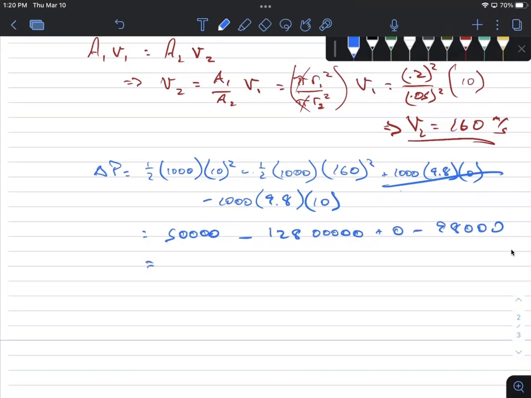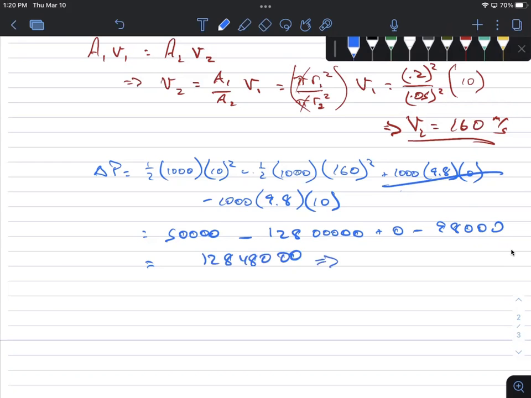All right, add these together. So that plus 128,000,000 minus 50,000, and I get minus 128,048,000.